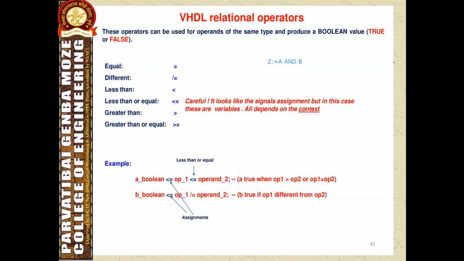Always the relational operators are implemented to compare two objects, and the result returned by these operators is a Boolean, that is false or true. Always the relational operator result is in the form of a Boolean.